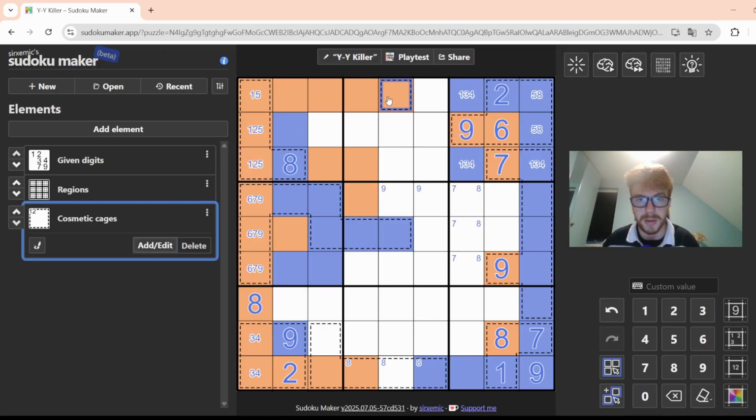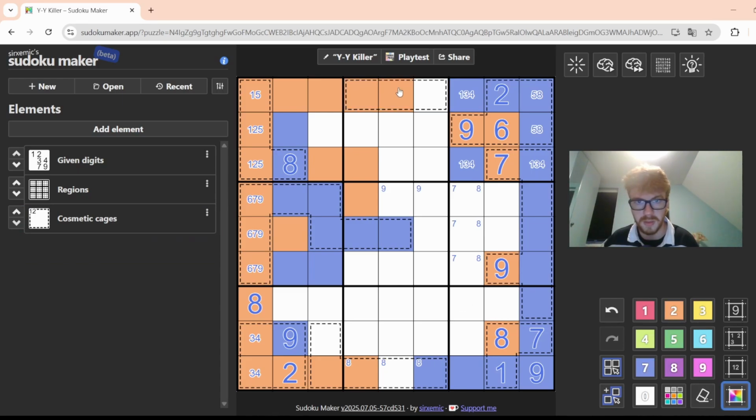Then I also saw, right, if we move this cage along, I'm going to have to think a bit if what I thought is even true. Because I had a 9 up here for some reason. But I don't know why.